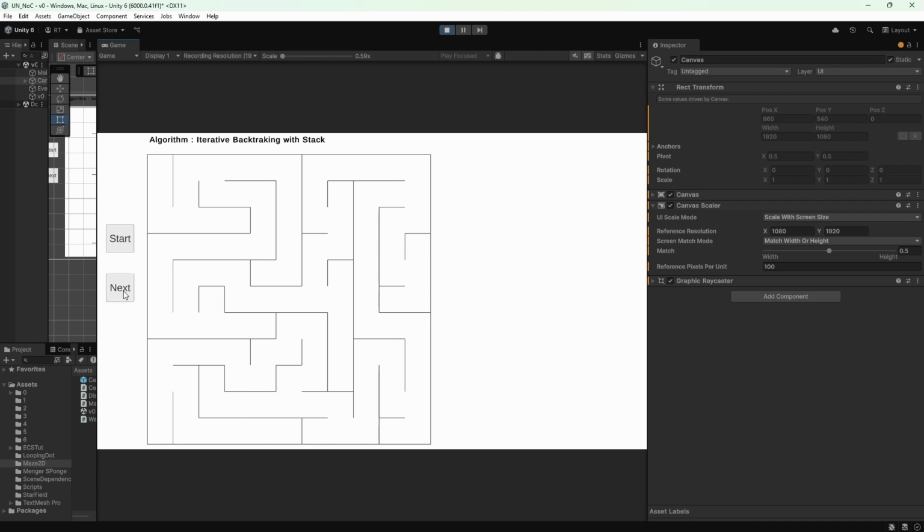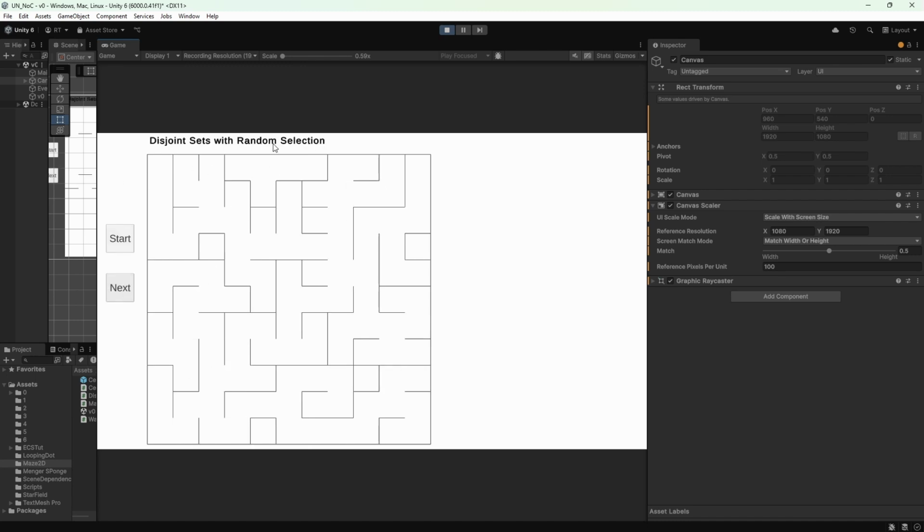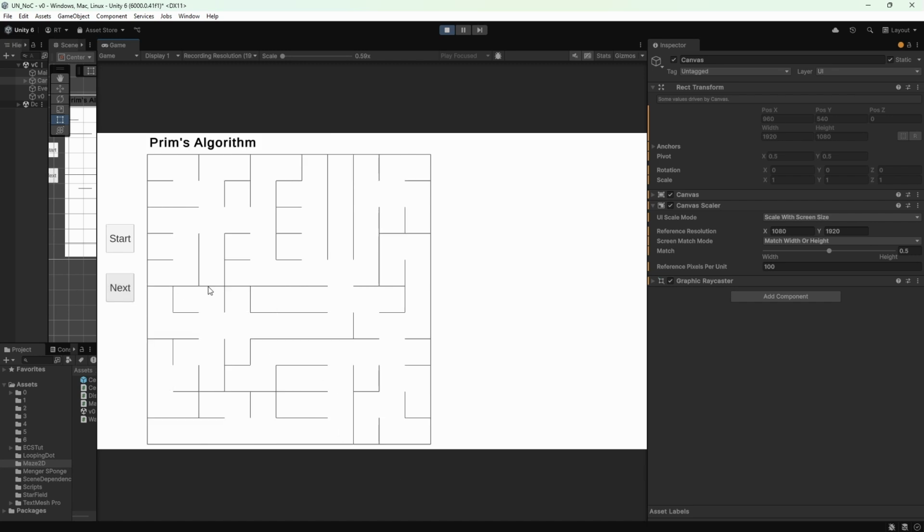The next algorithm is Kruskal's algorithm using random selection based on a disjoint set. We create an 11 by 11 grid, and then we apply this algorithm to create a maze. The next algorithm is based on Prim's algorithm. Again we have an 11 by 11 grid, then we apply this algorithm to create the maze.